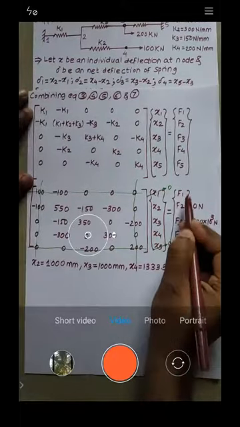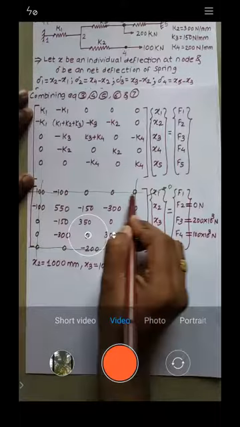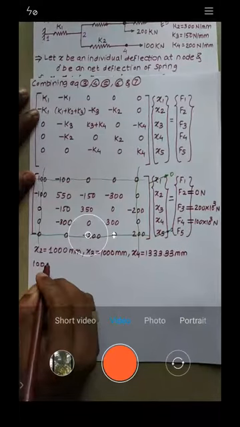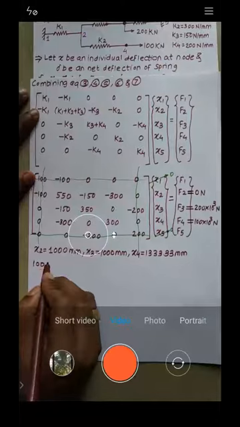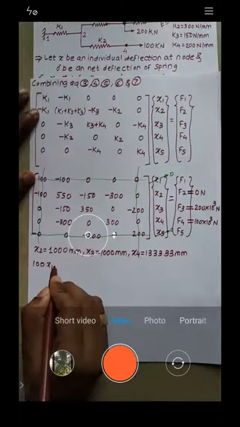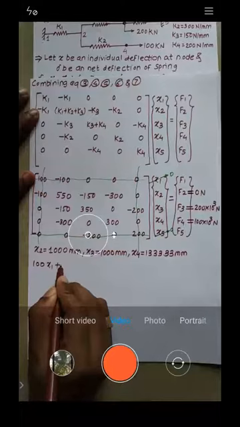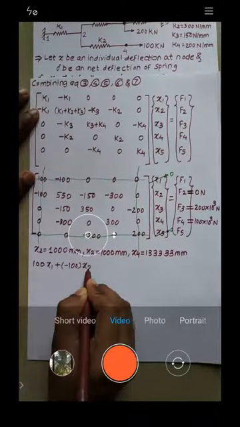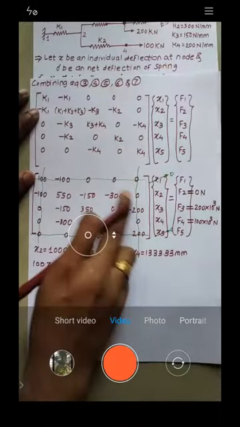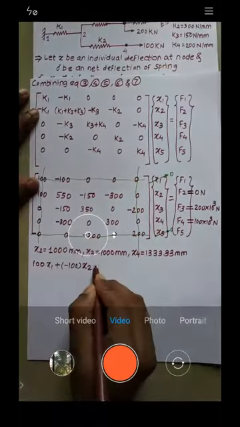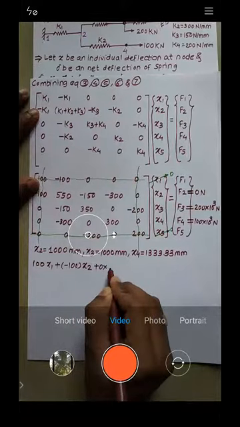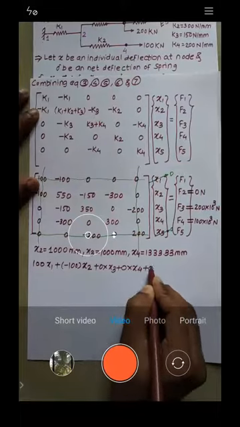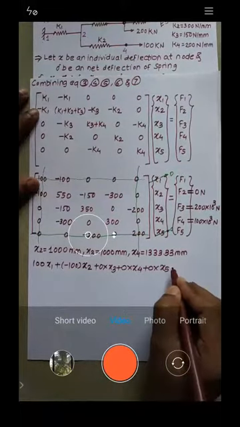I will get F1 from the first row multiplied by this column. So I will write down 100 into X1, minus 100 into X2, plus 0 into X3, 0 into X4, 0 into X5, which will give me the value of F1.